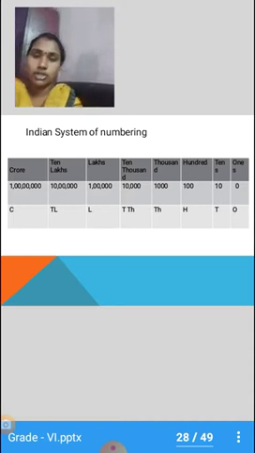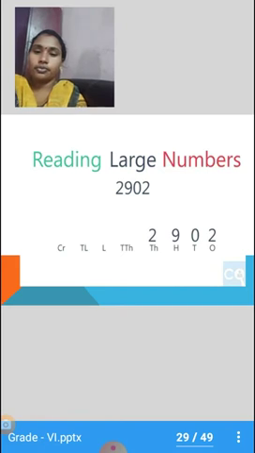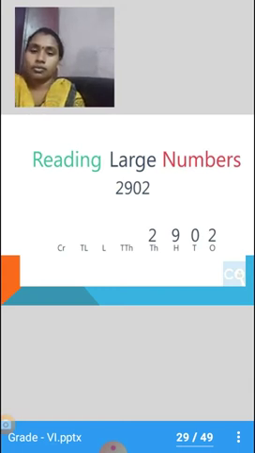Okay, children? So when I give you a larger number like 2, 9, 0 and 2, how will you read these numbers? Let us place it in the place value system according to the Indian system of numbering.